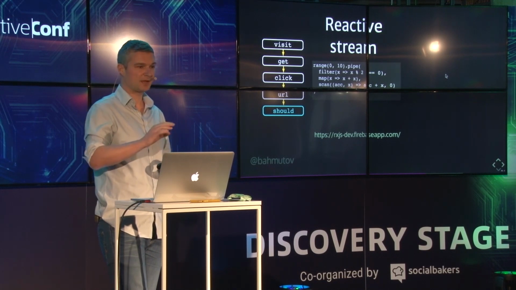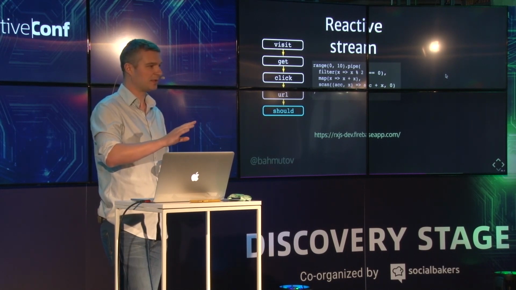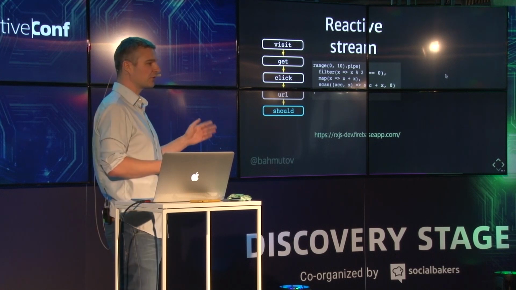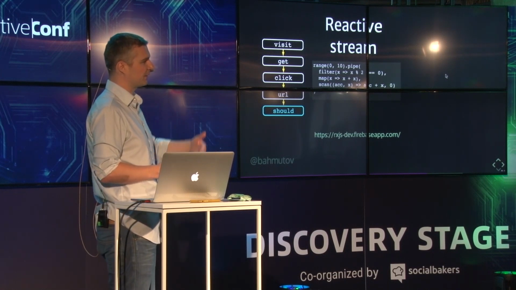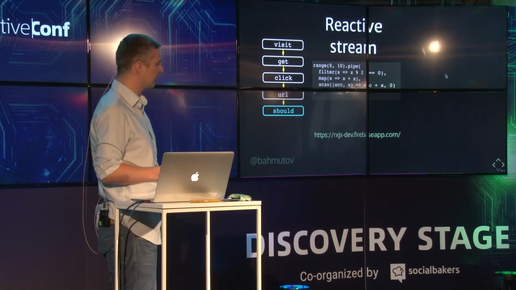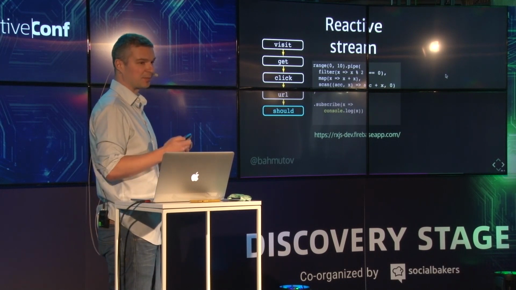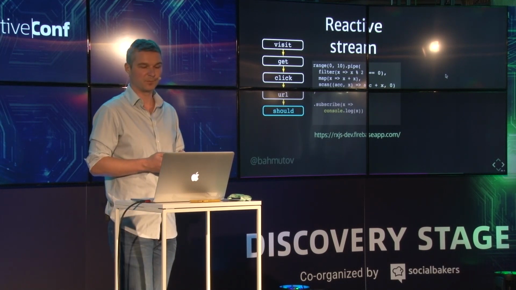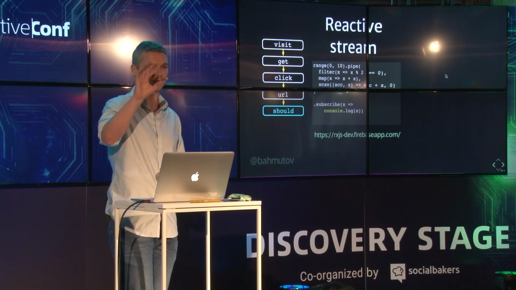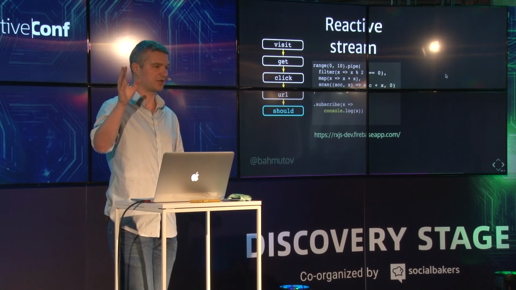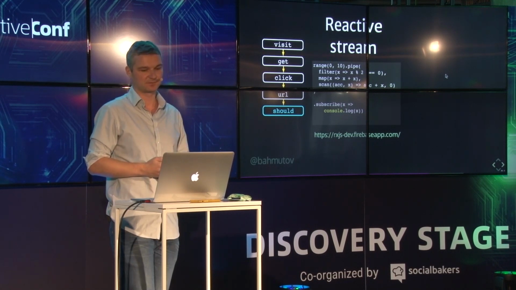But that stream just stays there dry. Nothing is running. In order for it to start running, and in order for it to start generating events, doing mapping, filtering, and so on, someone has to execute subscribe. Before anyone does subscribe, that stream can just stay there without any events flowing. It will be like a function that never gets executed, just defined.